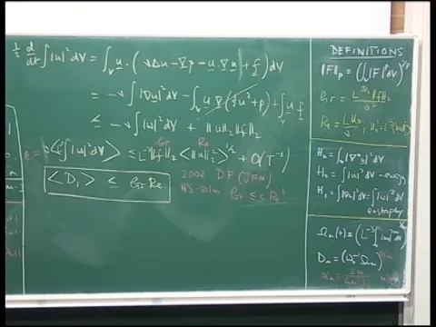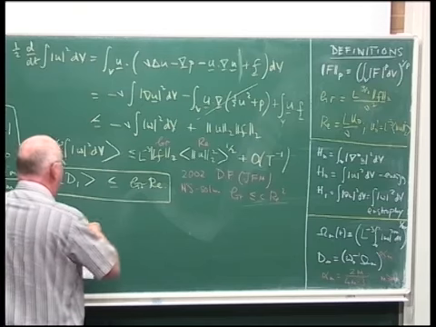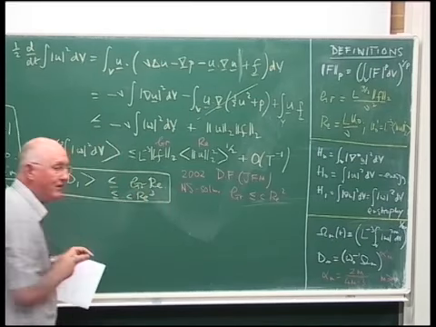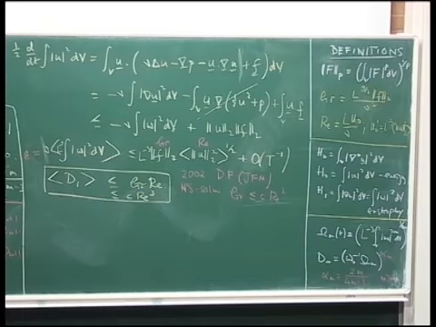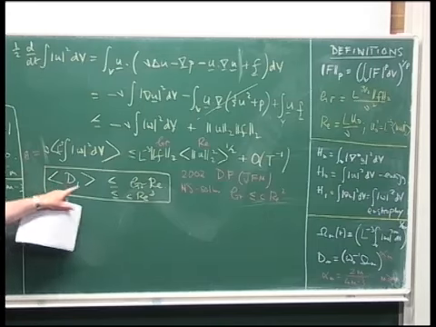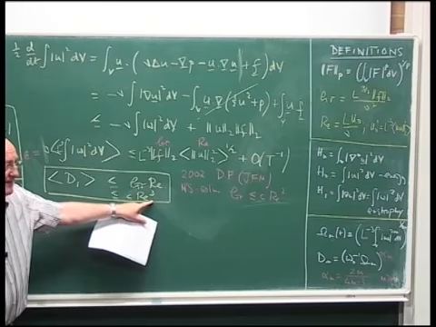And so you can essentially say that that's some constant times Reynolds cubed. This is a result we all know and love, because essentially it's saying that the energy dissipation rate is bounded above by Reynolds cubed.